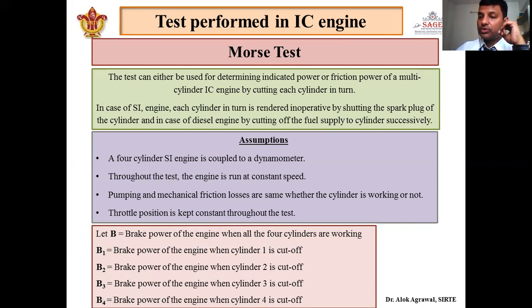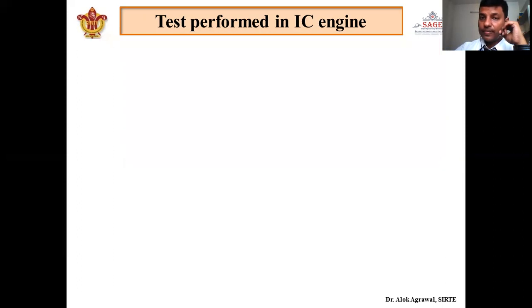Means they all are producing power. Sparking is occurring in cylinders 2, 3 and 4, but in cylinder 1 we are not doing sparking, by cutting off the connection. Okay. Similarly, B2 is the brake power of the engine when cylinder 2 is cut off and 3 and 4 are working. B3 and B4 are for cylinder 3 and cylinder 4 cut off respectively.